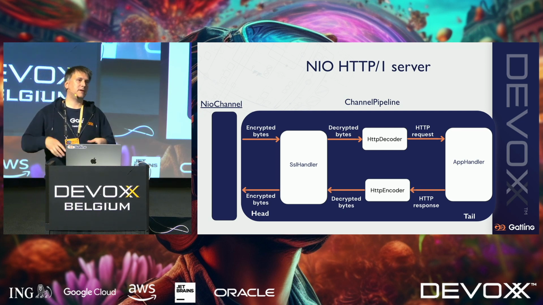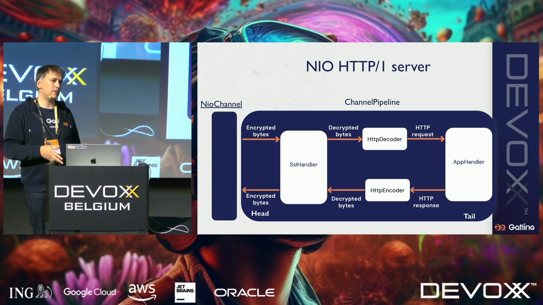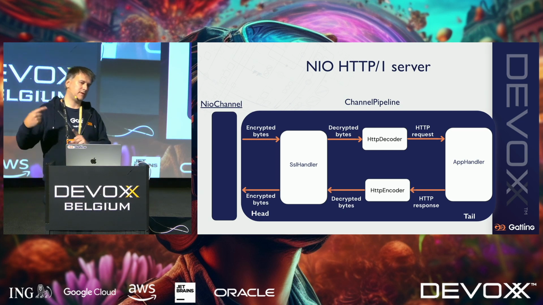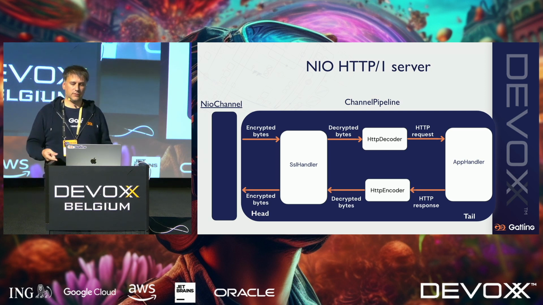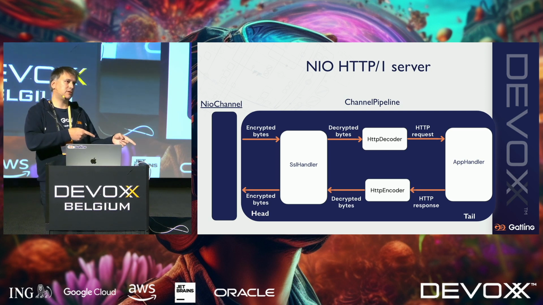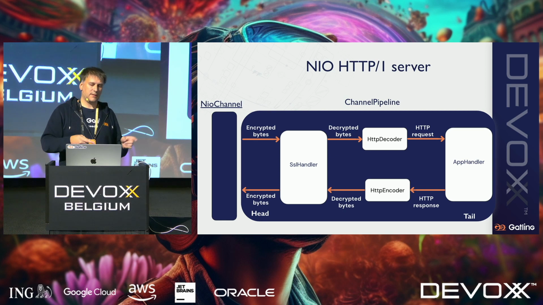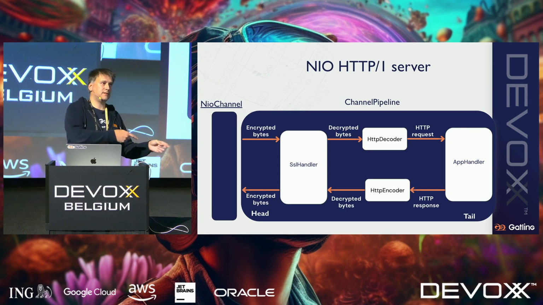And the application layer, based on the HTTP request, will ultimately generate an HTTP response that will be processed the other way, passed to the first outbound handler, which is the HTTP encoder that will serialize the HTTP response into bytes. And then the SSL handler will encrypt those bytes. And then we reach the head, we are back to the head of the pipeline. And those bytes are then passed to the channel so that they can be written on the socket.